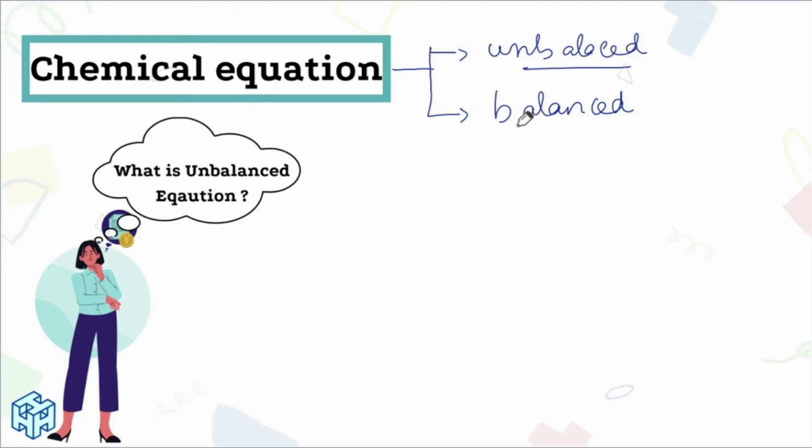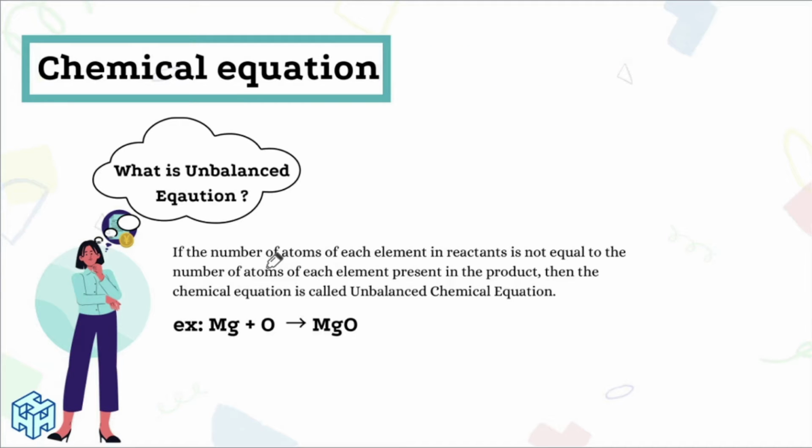Let me explain in a very simple format. Unbalanced means if the number of atoms of each element in the reactant is not equal to that in the product, then this equation is called unbalanced.